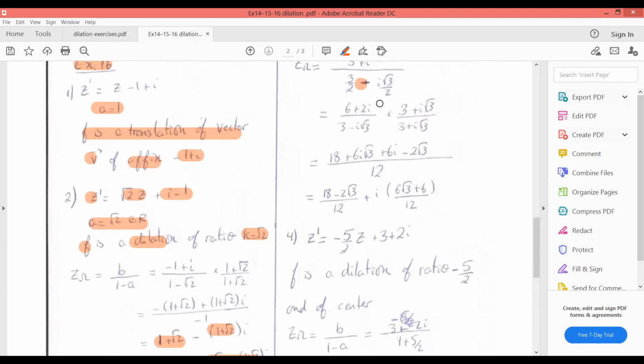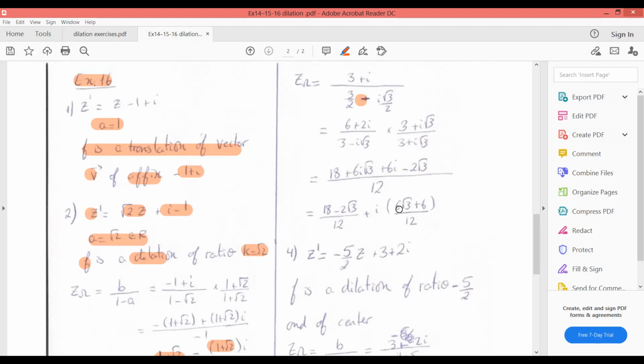We can use the calculator. First put the 2 on top: 6 plus 2i over 3 minus i radical 3. You multiply by the conjugate, or directly you can use your calculator. We get the affix of the center.